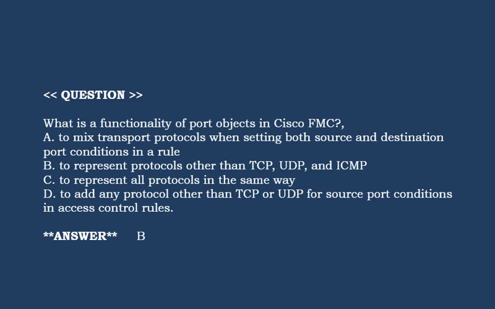Option C, to represent all protocols in the same way. Option D, to add any protocol other than TCP or UDP for source port conditions in access control rules. Correct answer is option B.